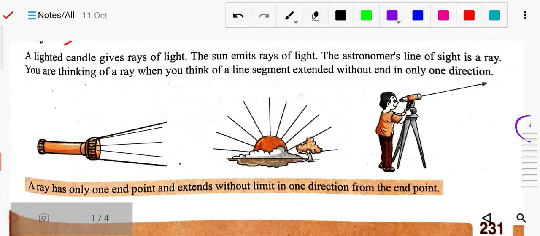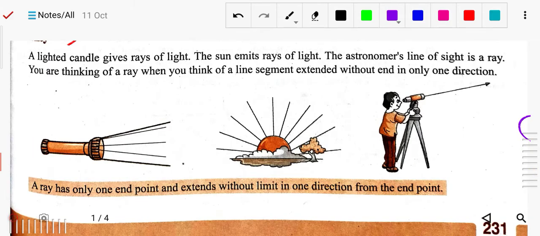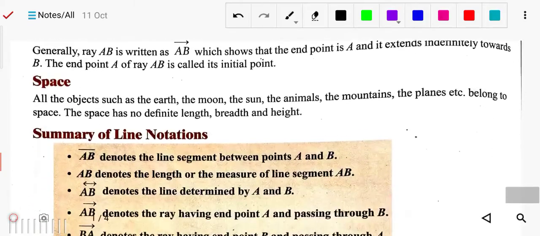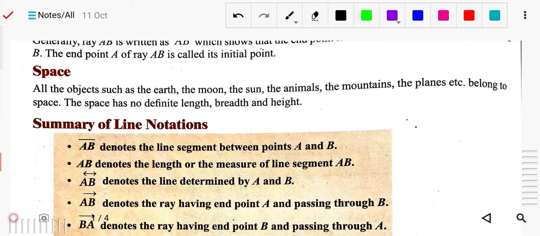Now next you can see here, space. All the objects such as earth, moon, the sun, mountains, places belong to space. The space has no definite length, breadth and height. So what is space?